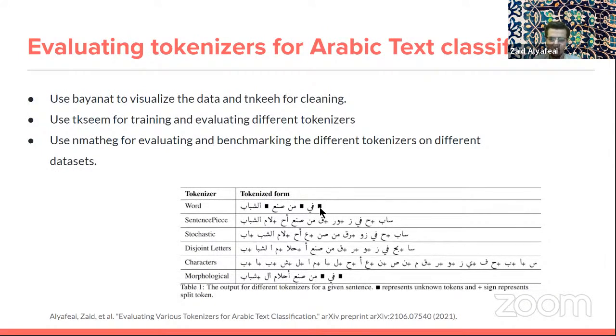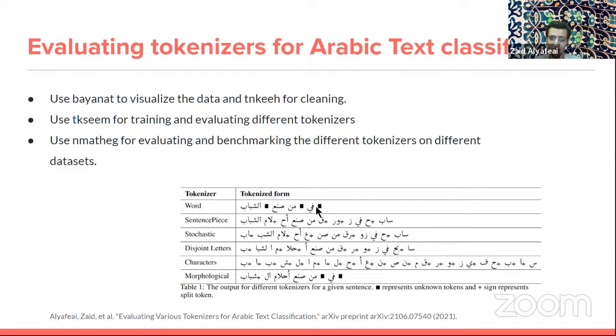It might have been better to use an unknown token, but it's a little bit difficult to mix English and Arabic when writing, because of left to right and right to left, which makes things difficult to visualize. But this shows that for a fixed vocabulary size, here I think we trained on a 1 gigabyte dataset from Wikipedia with a 10,000 vocabulary size, and here we use different tokenizers and compare them.